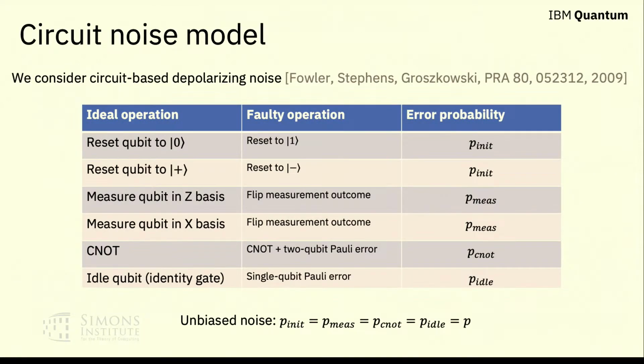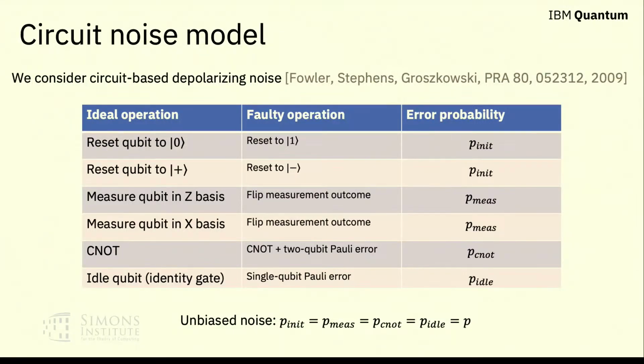So what is the decoder and circuit level noise model? Our noise model is rather standard in quantum error correction. It's the circuit-based depolarizing noise. There's a variety of components in our quantum error correcting circuits. We can reset qubits to either 0 or plus.